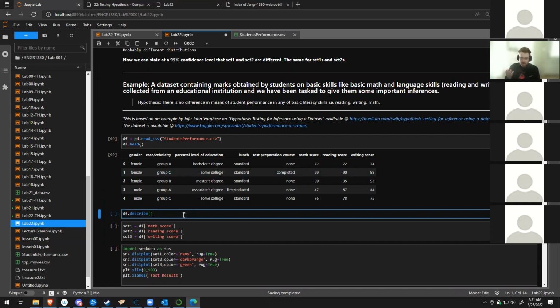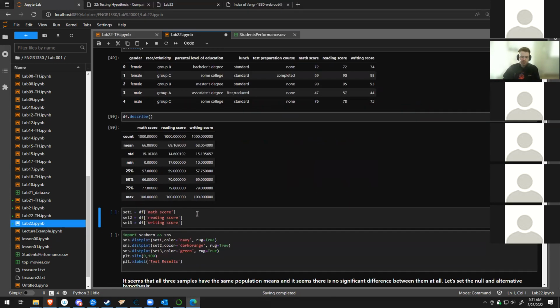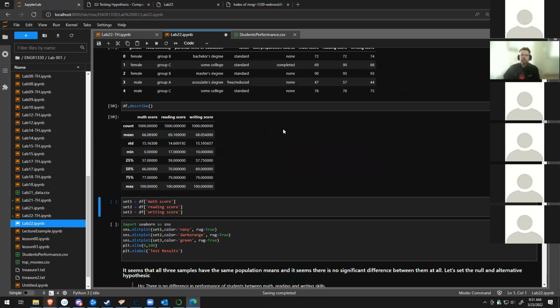Anytime you make a data frame, I would recommend you at least run the describe. Okay, so what do we got? We got 1,000. The mean on the math score is 66.1 something. So we went over this in the lab in which we first looked at the describe method.